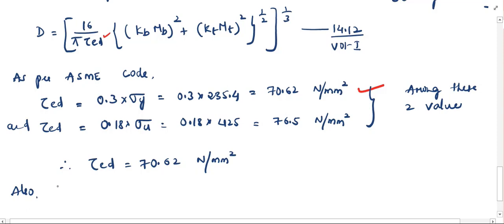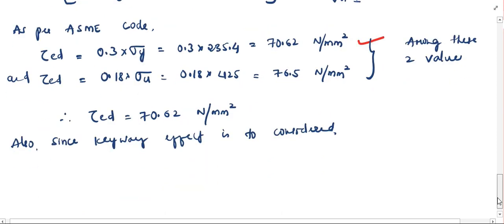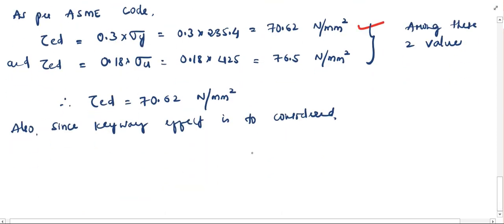Also, since the keyway effect is to be considered, as per the ASME code, the value has to be reduced by 25%.